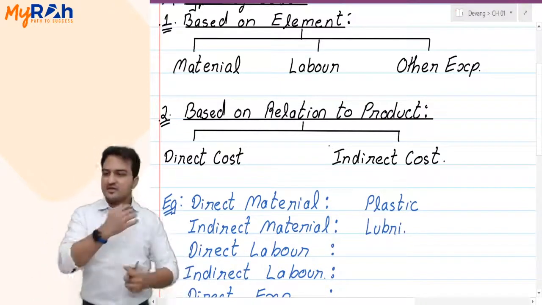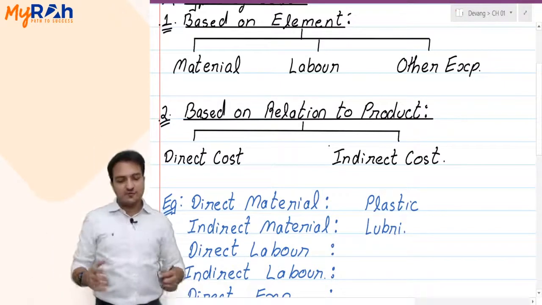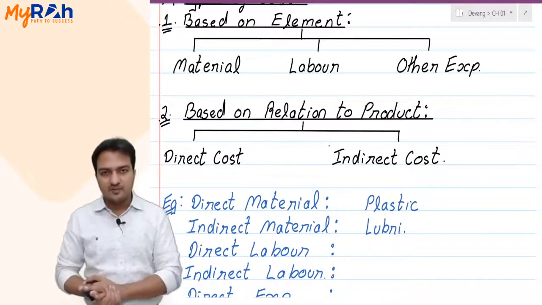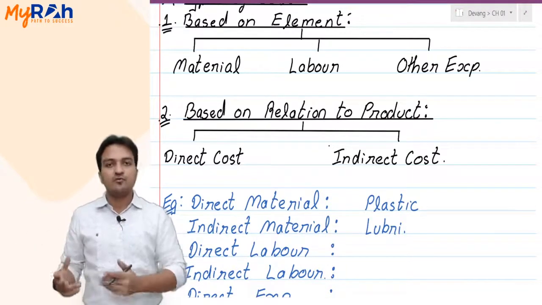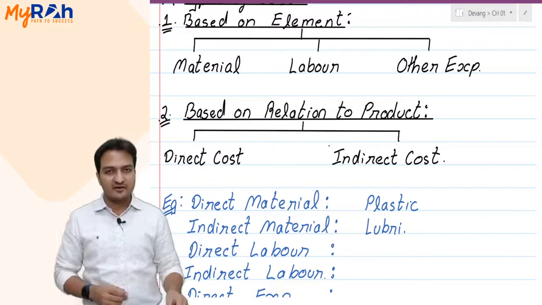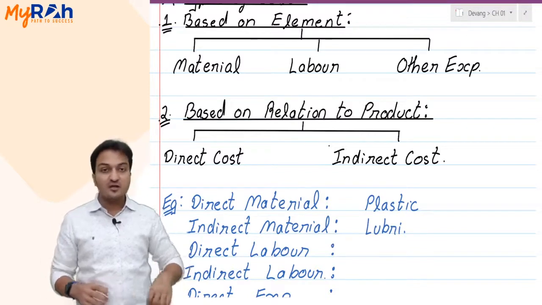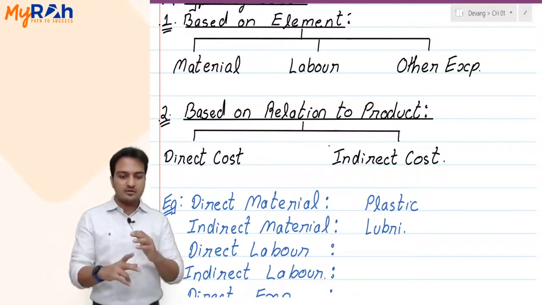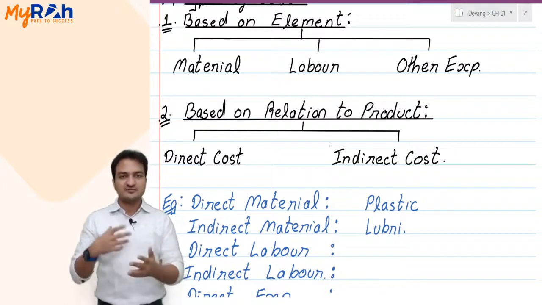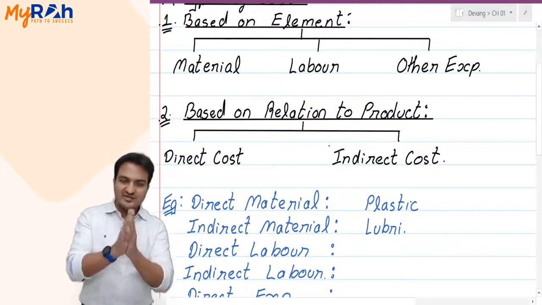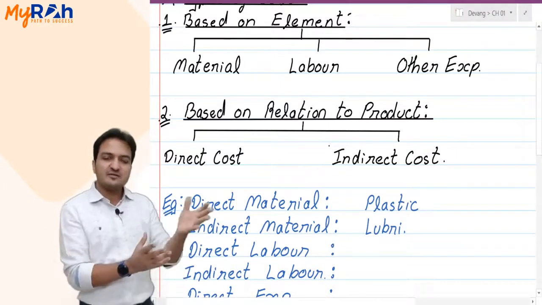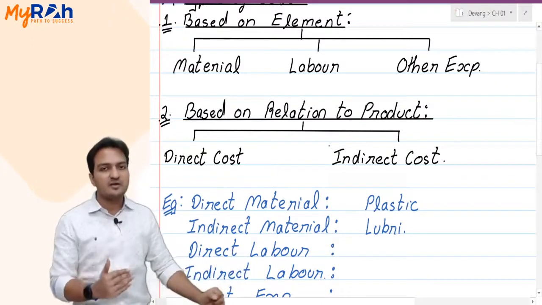Also, say another example: I have a canteen in my company. The canteen is providing food to the employees, the workers who are working in the factory. Now this canteen will order daily some groceries, fruits and vegetables and all. Now these groceries, these fruits and vegetables that the canteen is ordering are material.